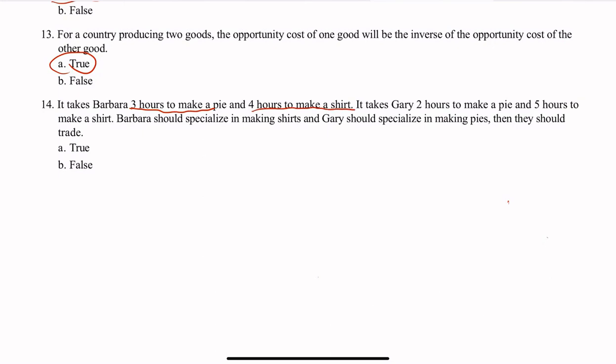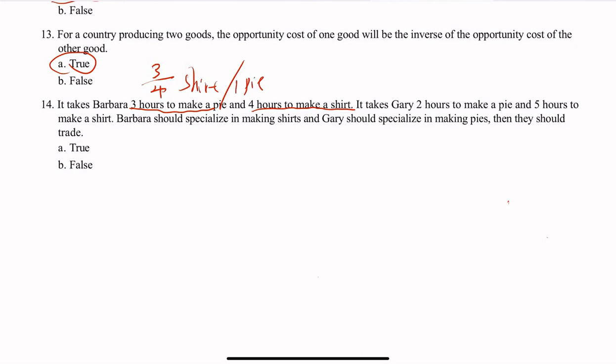This basically implies that if Barbara decides to make a pie, then she needs to give up 3 hours. With these 3 hours, she actually could make 3/4 shirt, right? So the opportunity cost of making one pie is 3/4 shirt.